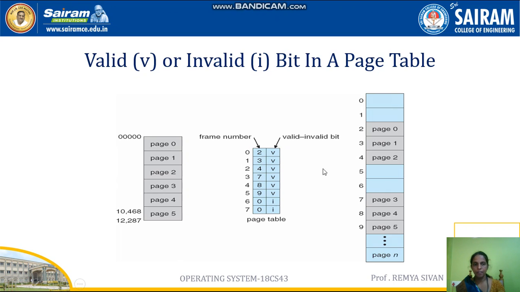Page 2 will be there in frame 4. Correct, valid. Page 4 will be there in frame 8. That is also correct. Page 6 will be there in frame 6? Do you have page 6 here? No. So page 6 is not there along with my program, so we are trying to access an invalid page. So I indicate it as invalid. Page 6 is not there with my program.